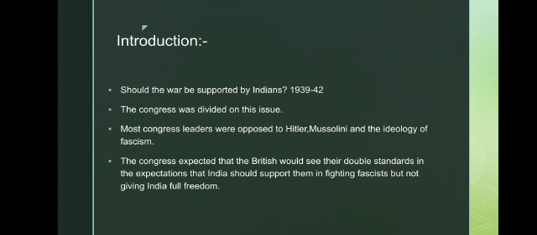One group wanted to support the Britishers in the Second World War, and the second group was against Hitler and Mussolini and the ideology of fascism. Fascism was prevalent in Italy under the leadership of Mussolini, and Nazism under the leadership of Hitler. The Congress expected to get complete freedom, or at least a promise of freedom for the Indians, during or after the Second World War.